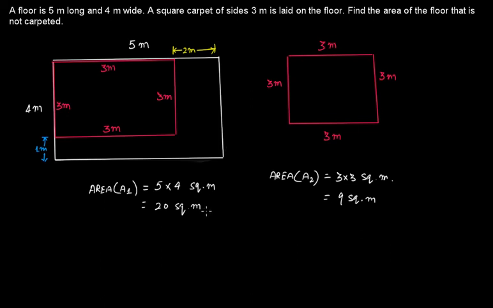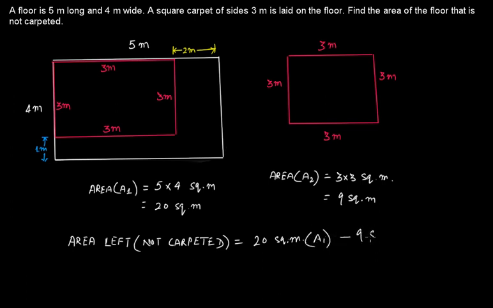So how much area is left? The area left, or not carpeted, will be 20 square meter, that is A1, minus 9 square meter, that is A2.